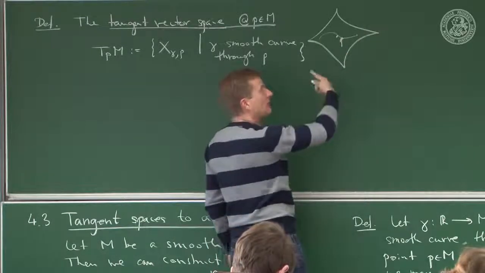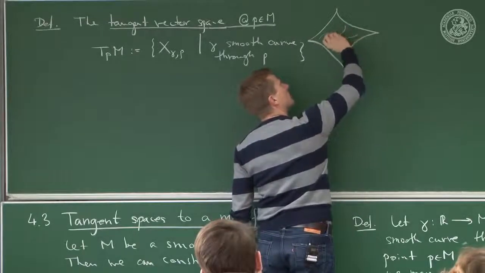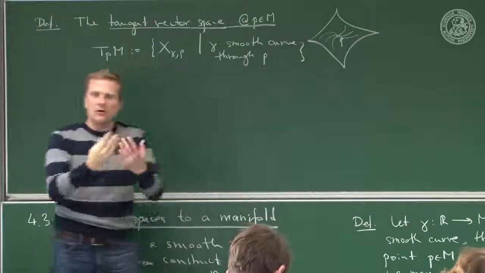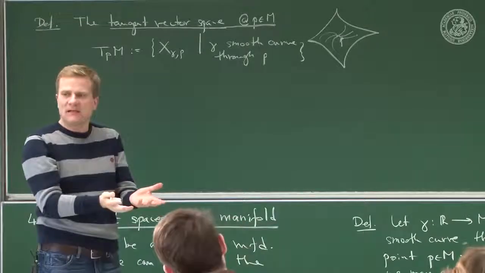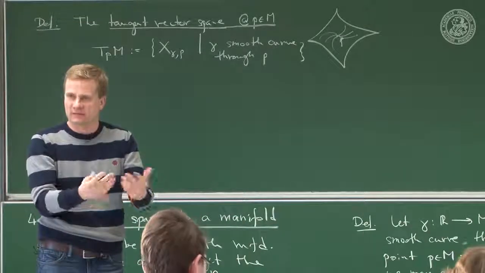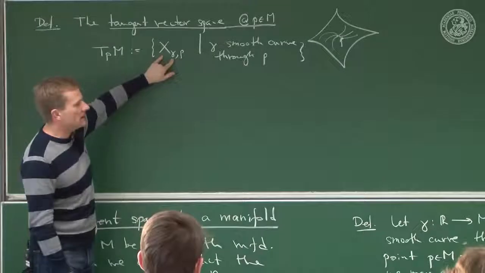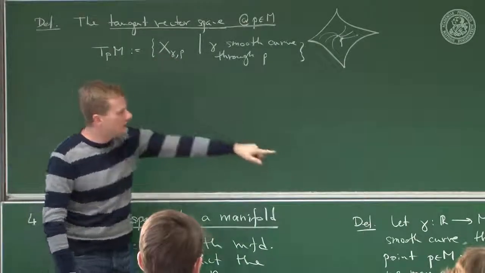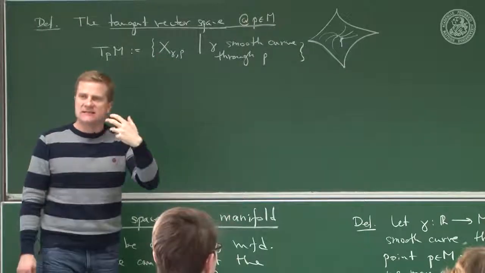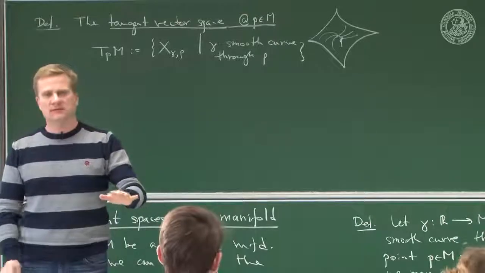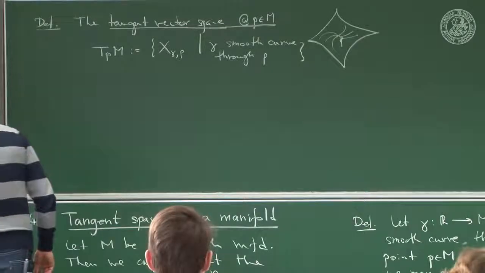You can run through the curve backwards, then you get the tangent vectors in the opposite direction, but then you take any other smooth curve through this point, and if you take all the velocities of all the curves, run through at any arbitrary speed, which then makes technically a different curve because a different map from R to M, the collection of all the corresponding tangent vectors, technically meaning of all the linear maps built there, of all the directional derivatives, this is the set that underlies the tangent space. It's very simple. Okay, so that's this guy.